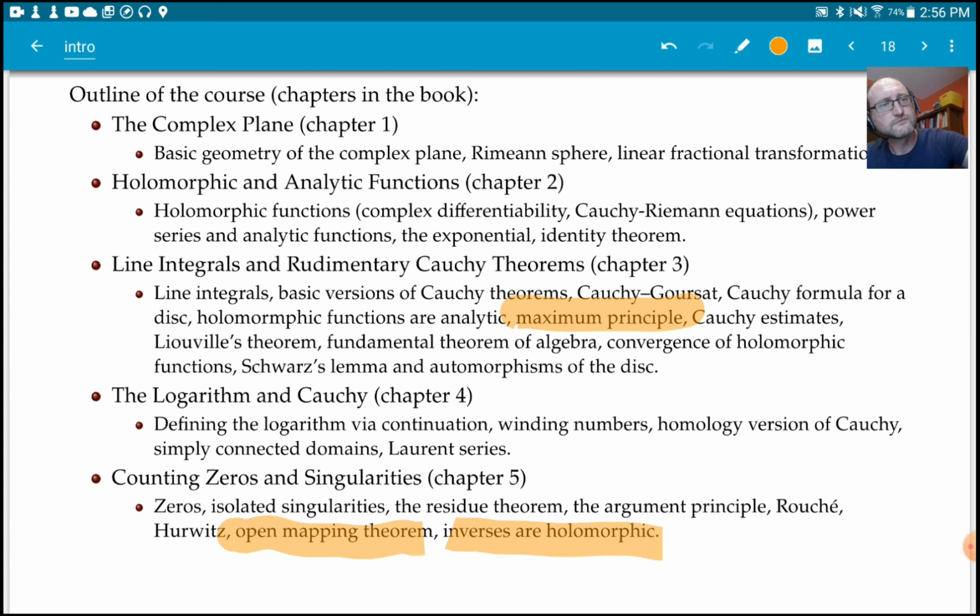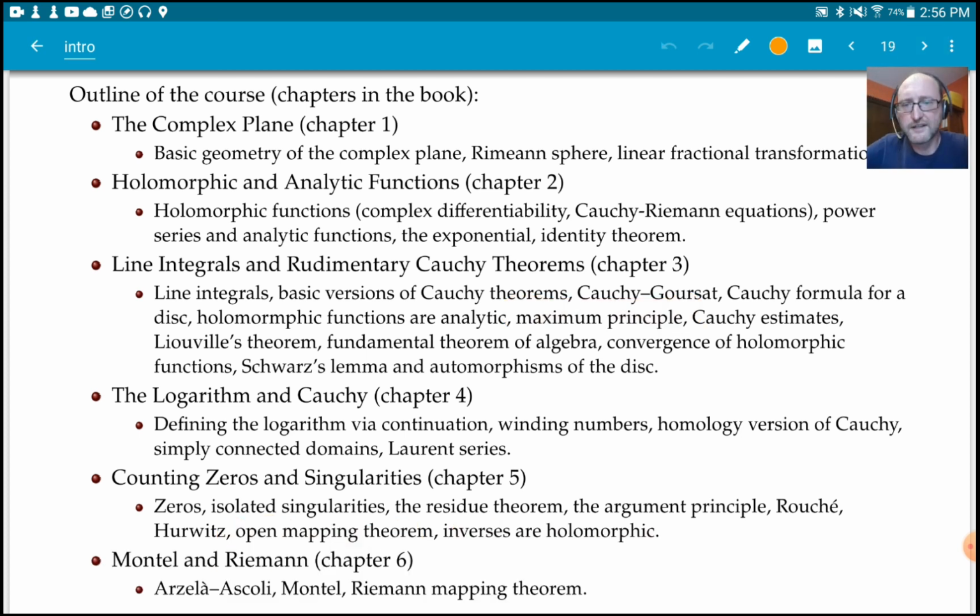All right. Now we get to Montel and Riemann. Montel's theorem uses Arzelà-Ascoli, which is not a theorem about holomorphic functions. It's about continuous functions, but that's the way we prove Montel.